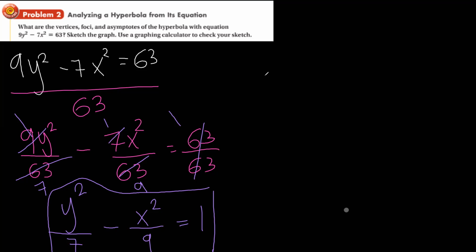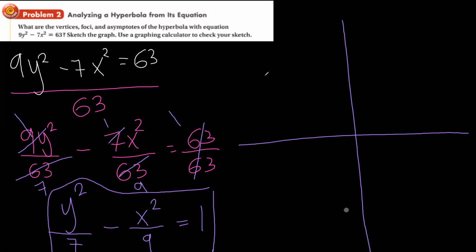Now, let's say here that it is a vertical hyperbola. As we see, I'm starting with y squared, so A will be under y squared.